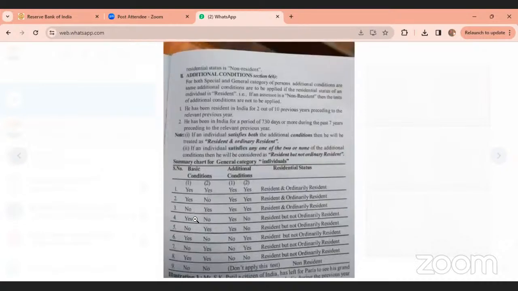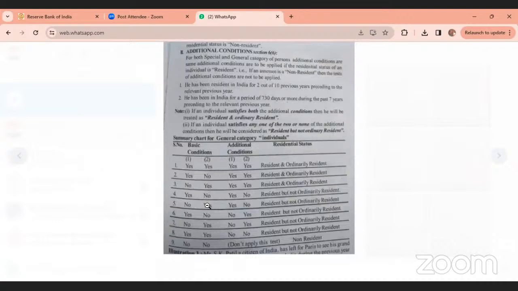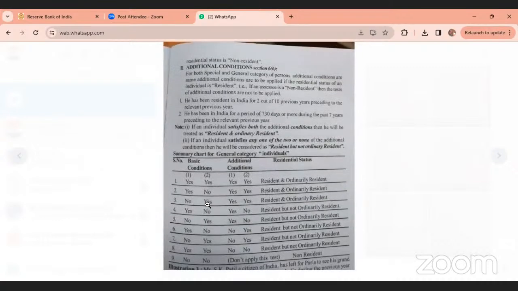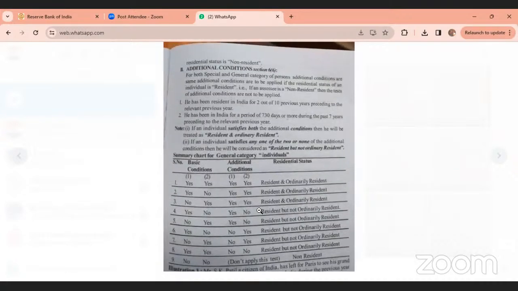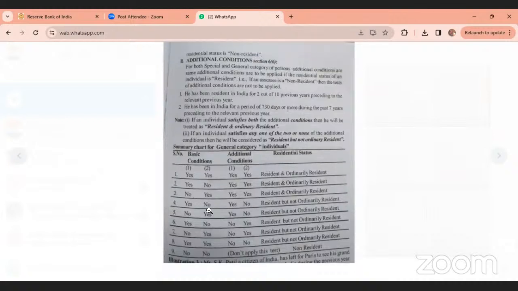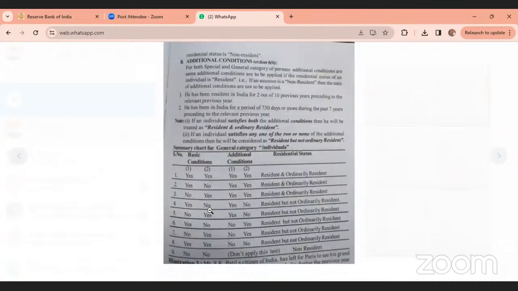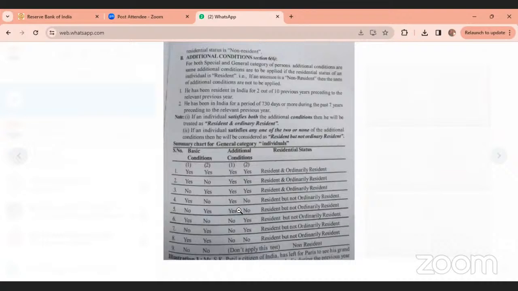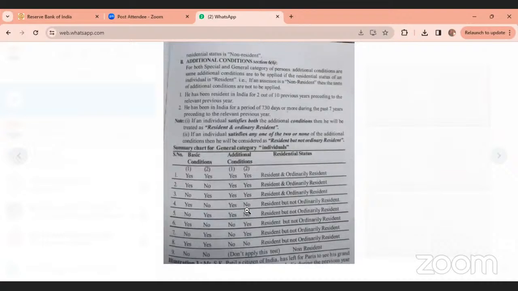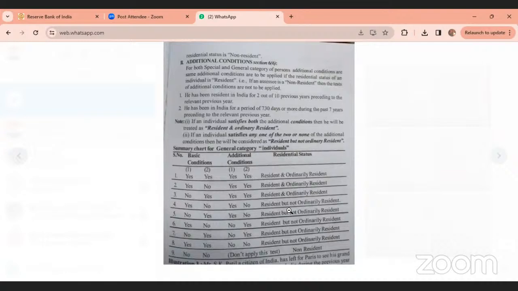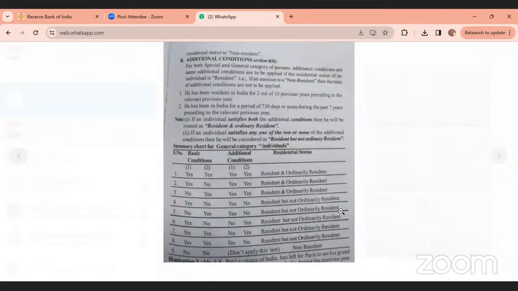In the case of basic condition, both the conditions or any one of the basic conditions satisfied and both additional conditions satisfied, resident and ordinary resident. But in the case of fourth point, he satisfied one of the basic conditions and did not satisfy both the additional conditions. Only one additional condition is satisfied. That is the reason that person is called resident but not ordinary resident.